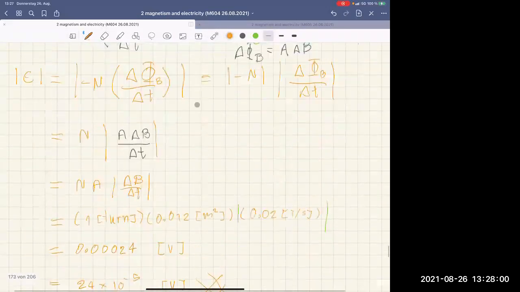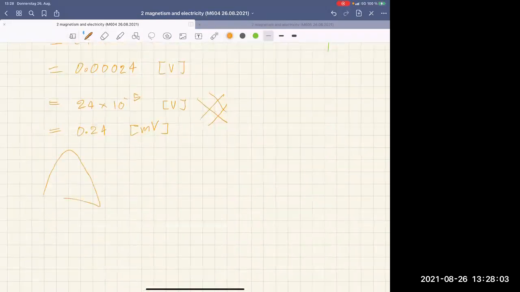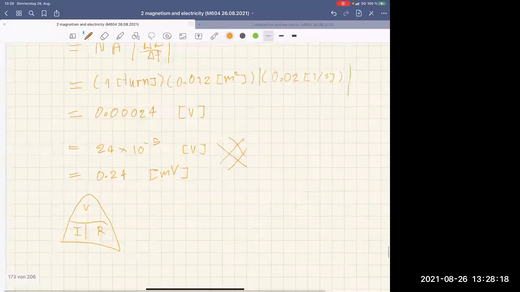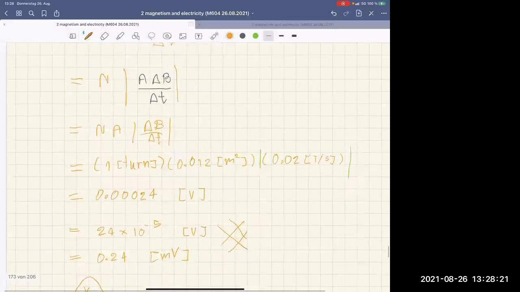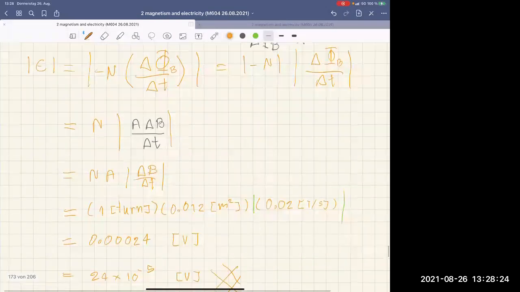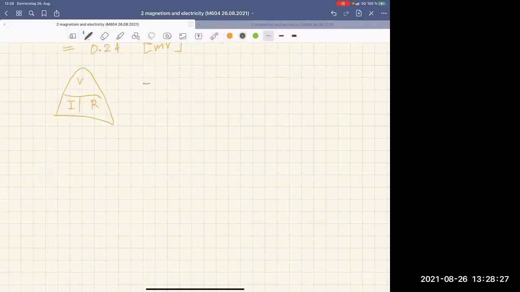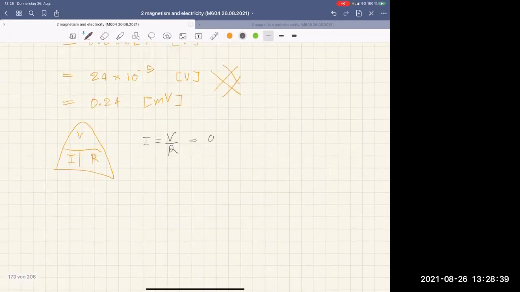All right, the next quantity that they would like to know is the induced current. It's not difficult at all. We just remind ourselves of Ohm's law, from Georg Ohm: V equals I times R. If you want to find I, epsilon is equivalent to V. So we would formulate this formula as V by R, and V is that thing, which is 0.24, oh no, stupid.